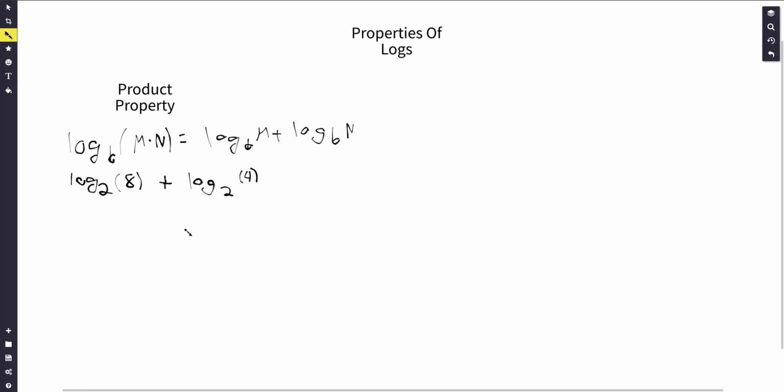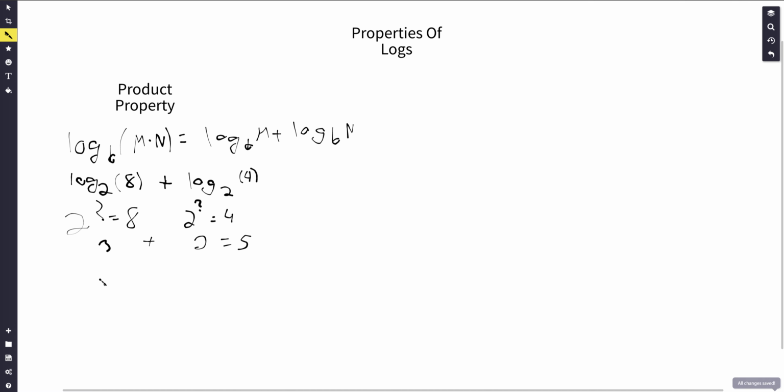As we can see, these two are very simple logarithms we can solve. So 2 to the power of what is equal to 8, and then 2 to the power of what is equal to 4. So here we know that what is 3, and we know this here is 2. So if we just add those together, that gives us 5 as our answer.